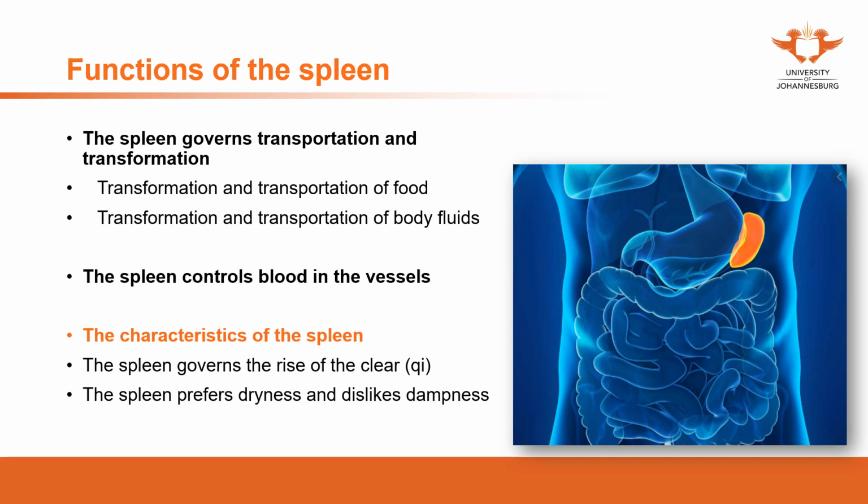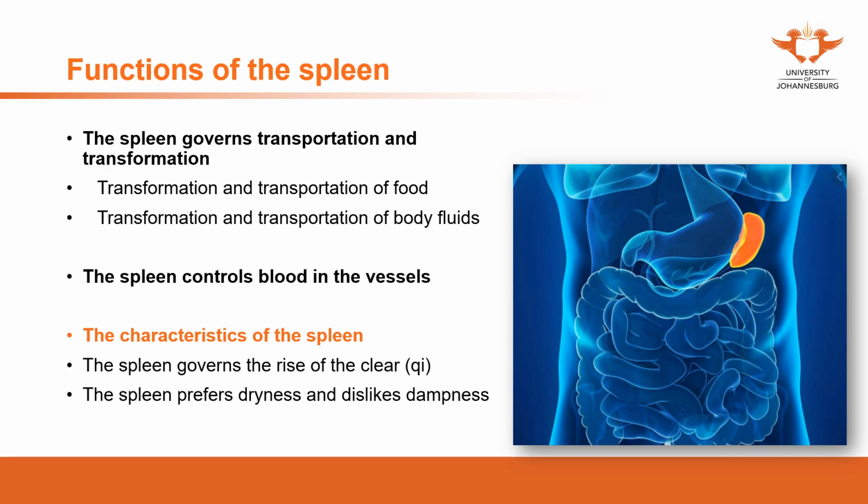The characteristics of the spleen: the spleen governs the rise of clear qi. So for this function, the spleen needs to control the location of certain organs. The spleen prefers dryness and dislikes dampness. These characteristics will affect the person's constitution.